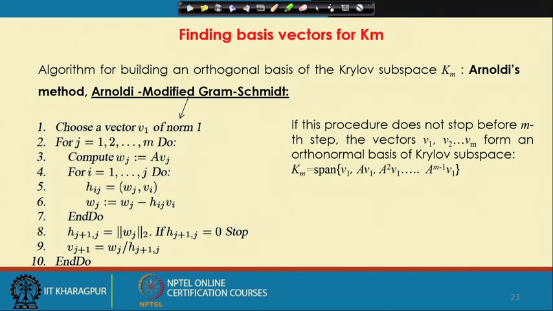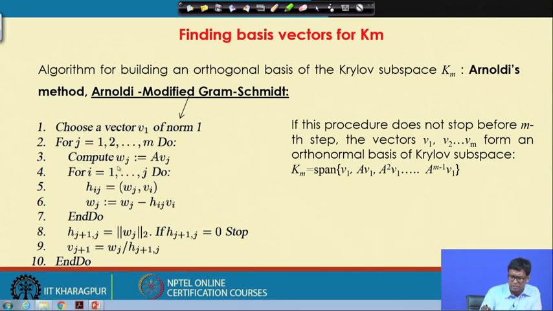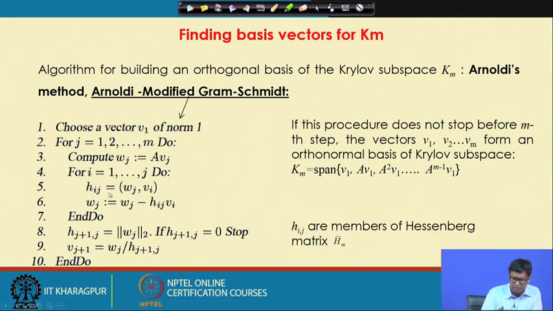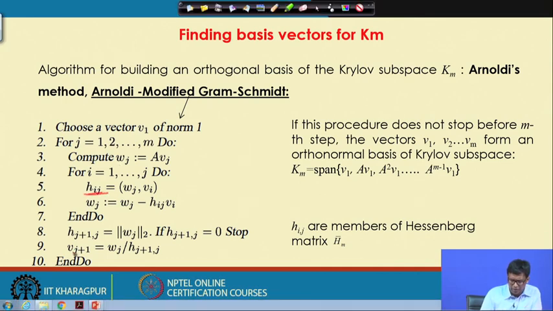So, finding the basis for Km is the same as what we have done in Arnoldi's method, the Arnoldi modified Gram-Schmidt method, which will be continued to the full orthogonal method later. You start by creating a vector of norm 1, and then you find W and Hij, which are the parts of the Heisenberg matrix, and you find Vj, which are the basis vectors for the orthonormal basis of the Krylov subspace.